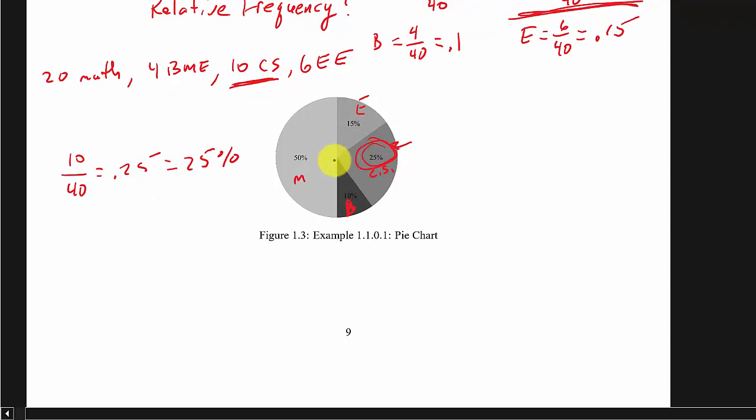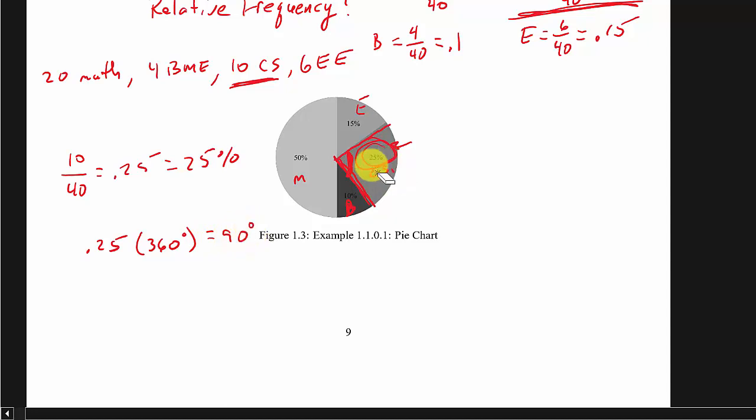So how would we go about drawing this? How do we know how to draw this angle here? Okay. Well, to get this angle measure here, that's just the 0.25 times 360 degrees. And if you do the 0.25 times 360, that's going to give us 90 degrees.